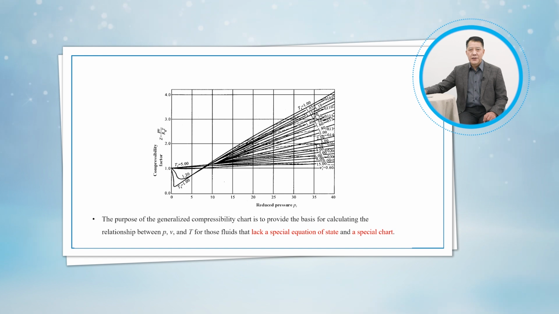However, the generalized compressibility chart should not be used as a substitute for P, V, T data for a given substance as provided by tables or computer software. The chart is mainly useful for obtaining reasonable estimates in the absence of more accurate data.